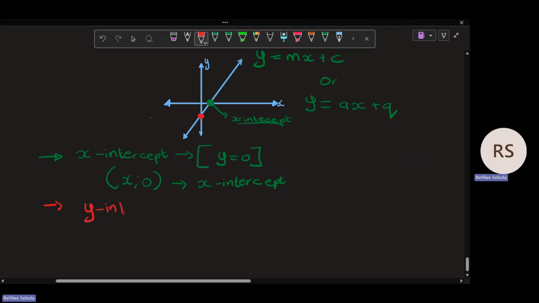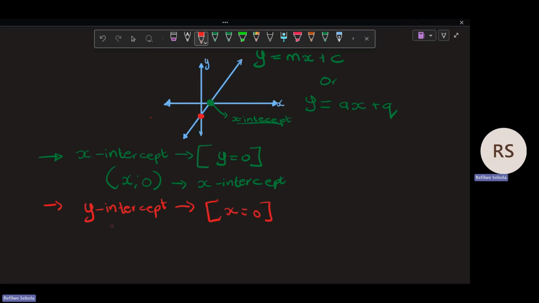So this is the point where x is equal to 0. That is to say, we have x equals 0 and a particular y. So this is our y-intercept.